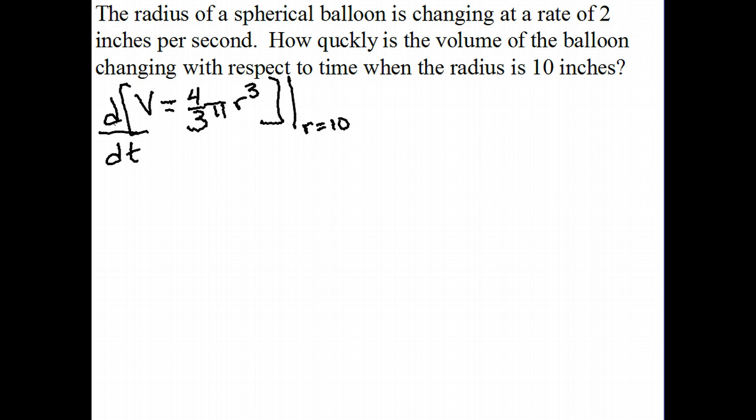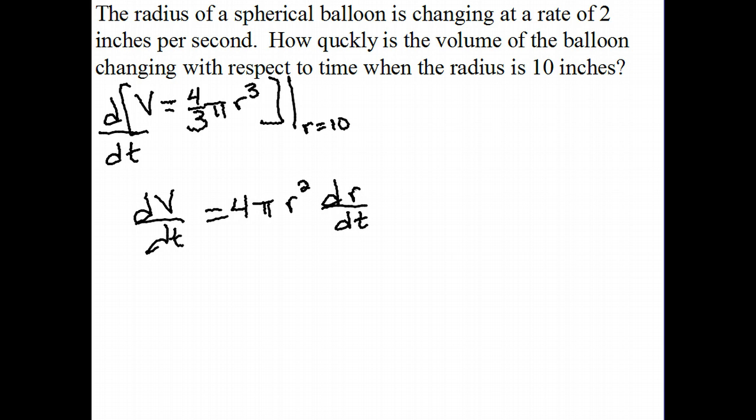Okay, well, when we take the derivative of volume with respect to time, that's just our dV/dt, and when we take a derivative of this right half, we get these constants out front, which we're going to multiply by 3, so we end up getting 4 pi r squared dr/dt.